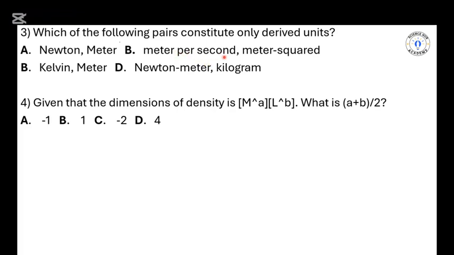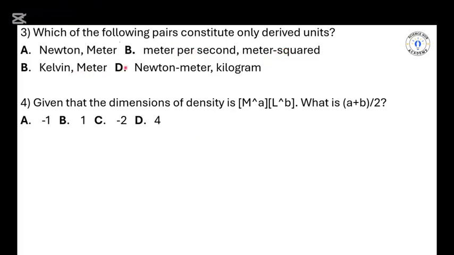Meter per second, that is a derived quantity. Meter squared, the product of two fundamental quantities is no longer fundamental. Meter squared means multiplication of meters by another meter, so you multiply the unit of length twice to get the derived unit. So this is derived. This is equally derived.